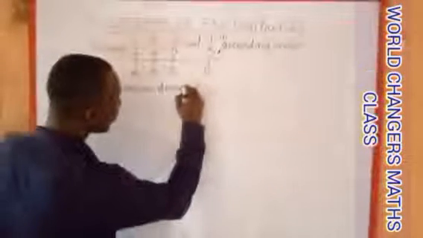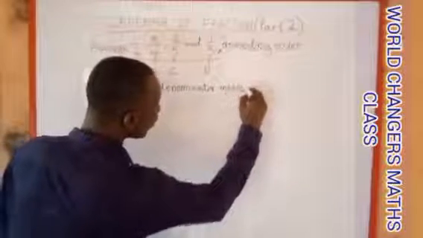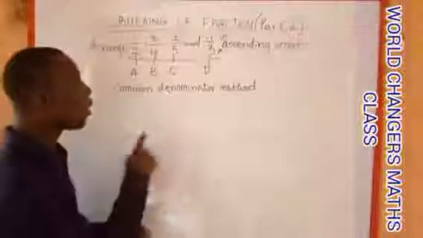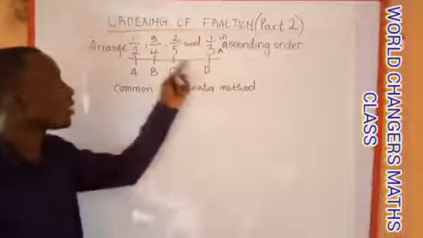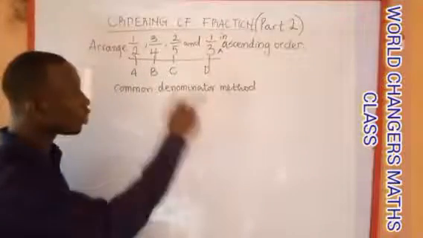Very simple. We ought to apply a principle called the common denominator method. So, I'm going to be using the common denominator method to arrange these fractions in ascending order, that is, from the smallest to the biggest.